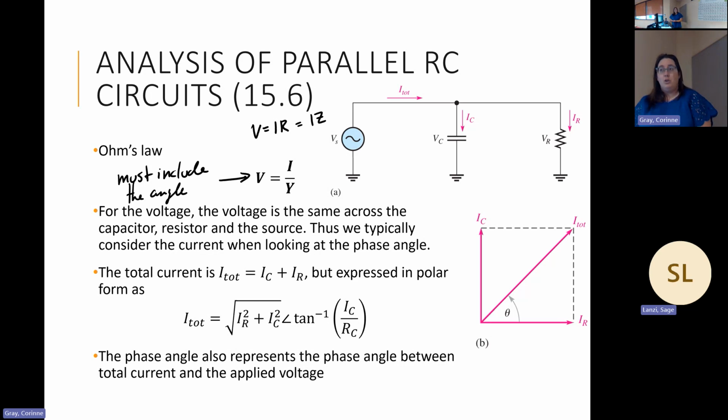So with that, the total current, again, this is after you've gone through to combine into a single resistor and a single capacitor. We're expressing the current as the sum of the two of them, because those are the only two branches that we will have.